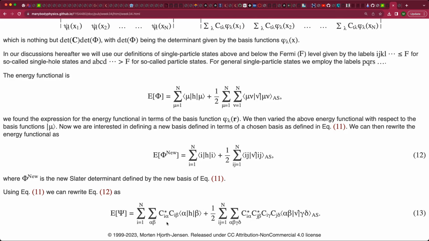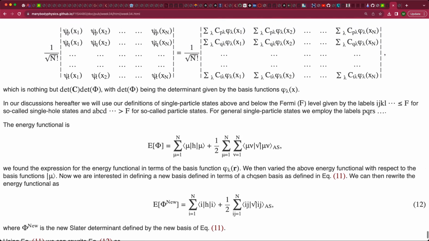And when we vary these coefficients and use the variational principle, we are going to get equations for the single particle wave functions, which are modified due to the effect from the many-body medium. So just look at these technicalities, because this is something which we are using again and again.